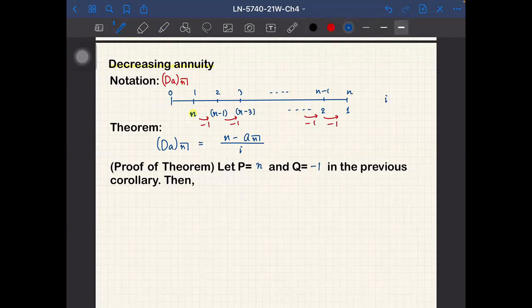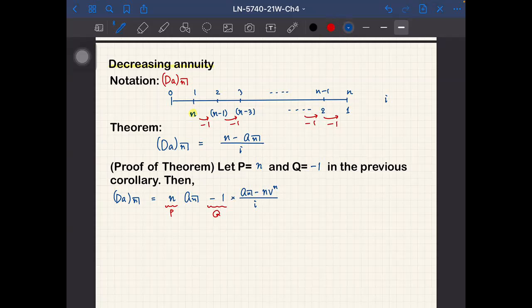Then if you just plug the numbers into the previous one, this (Da)_angle n is equal to P times a_angle n, remember that this was P in the formula, plus Q, but Q is -1, so Q times (a_angle n minus n times v to the power n) over i.